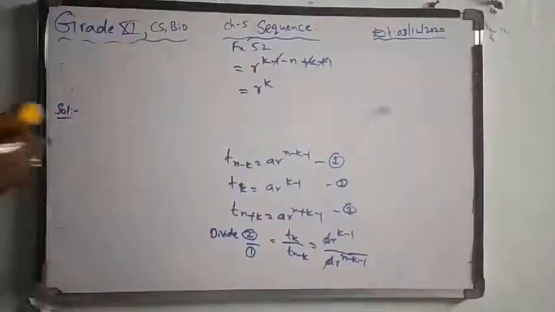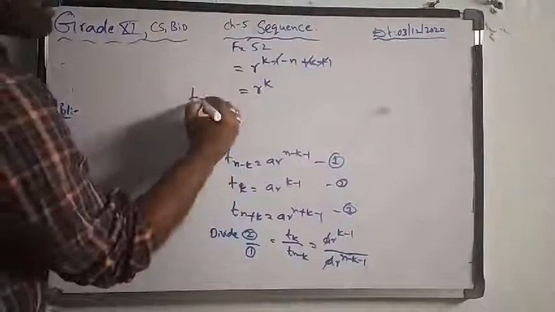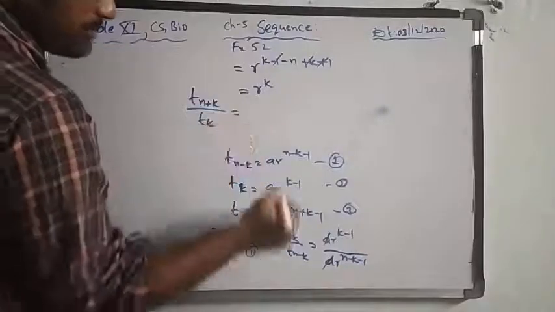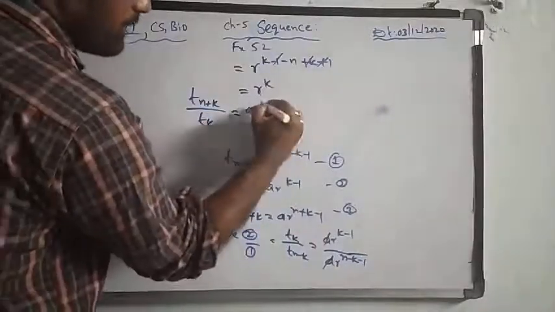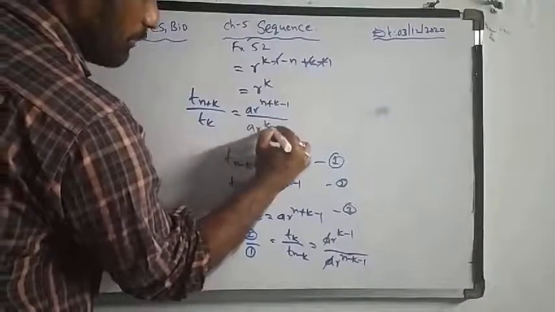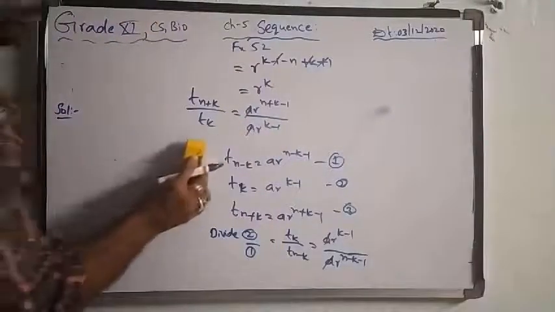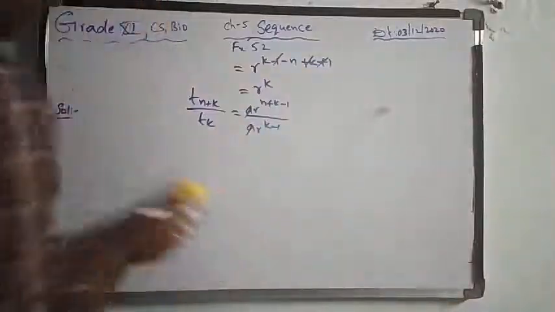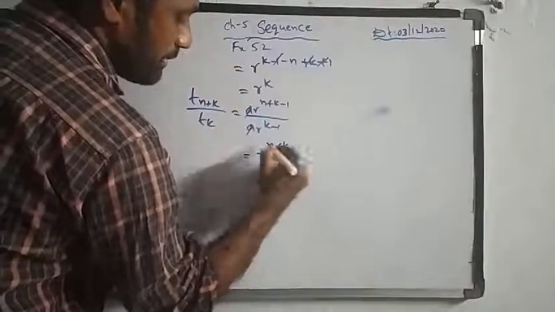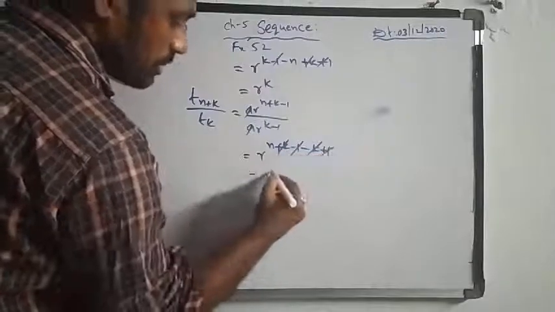In the next case, we will divide T of n plus k by Tk. So that is ar^(n+k-1) by ar^(k-1). a gets cancelled. R to the power of n plus k minus 1 minus k plus 1, so r to the power of n.